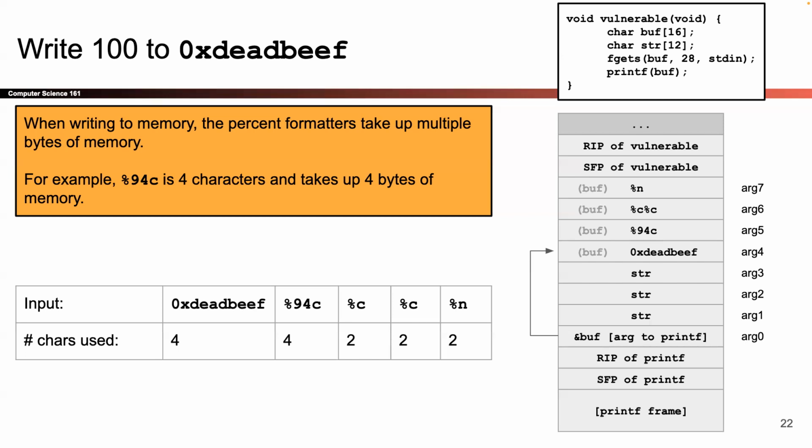Anything on Zoom that people want to know? There was a question, does printf always assume its arguments are 4 bytes? For today, yes. But sometimes maybe not. Question: the way this is written on the stack, fgets reads 28 characters, but this buffer is only 16 long, so you just start overwriting this.